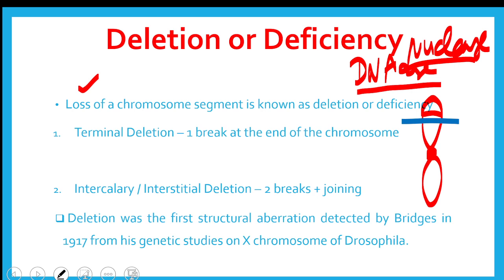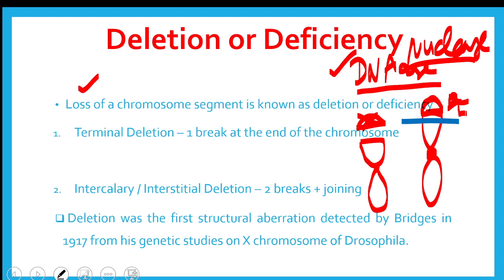So the chromosome which does not have a centromere is recognized by DNase and that is digested. So now we will be left with this chromosome where this part is removed or deleted and digested, so that there is no representation of whatever genes are present here.